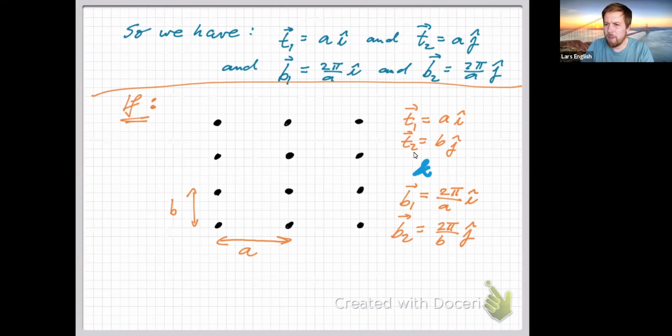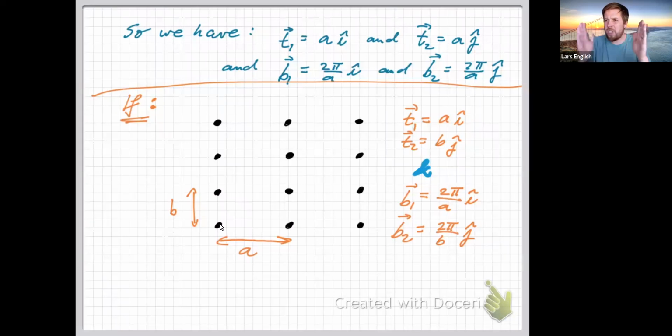No problem, because now the generating vectors for the real lattice T1 and T2 are A i hat and B j hat. And then the reciprocal lattice is also along i hat and j hat, but with 2 pi over A and 2 pi over B.